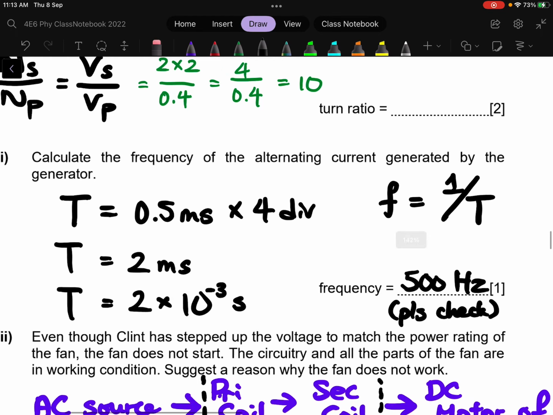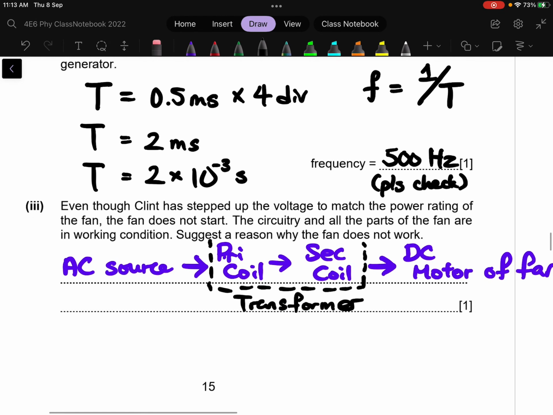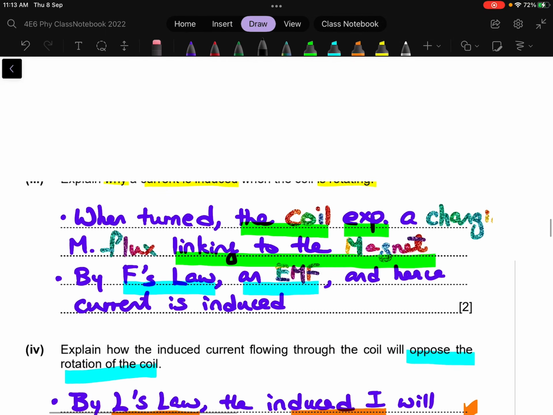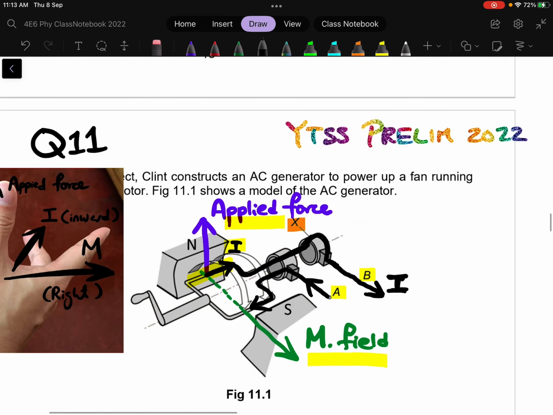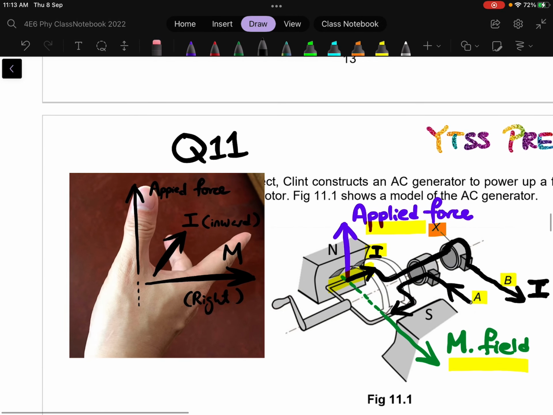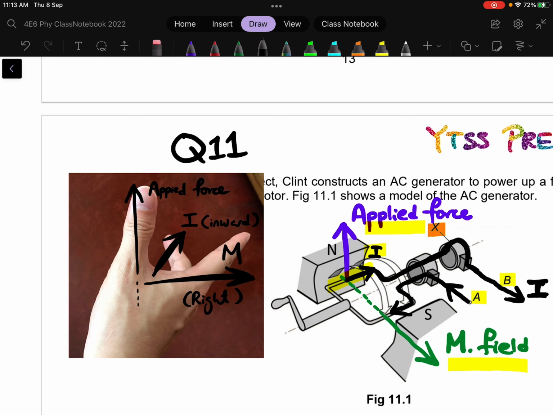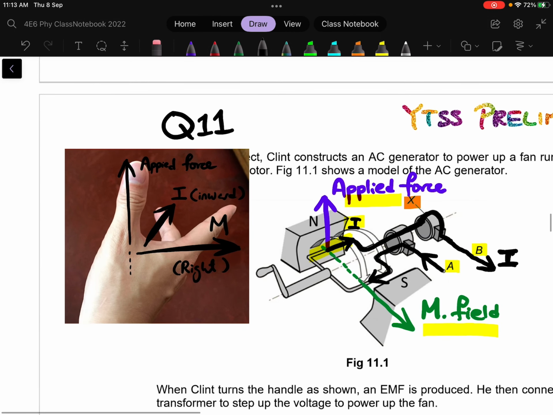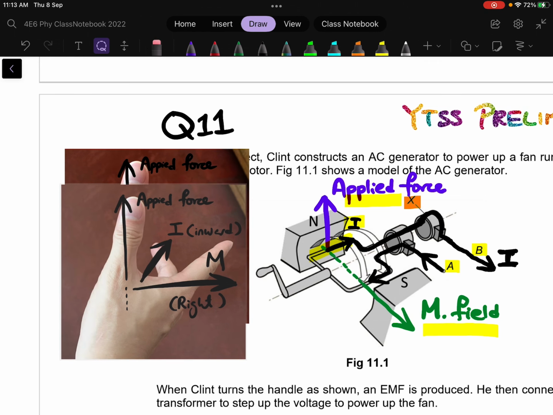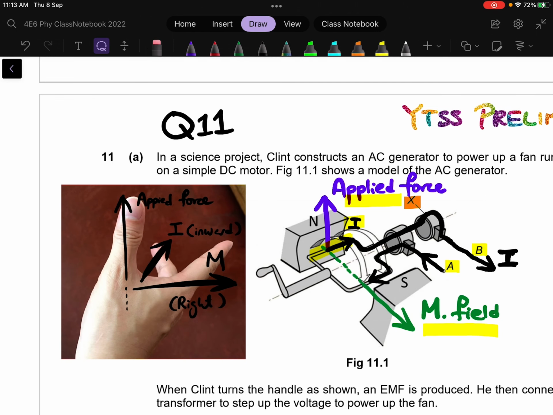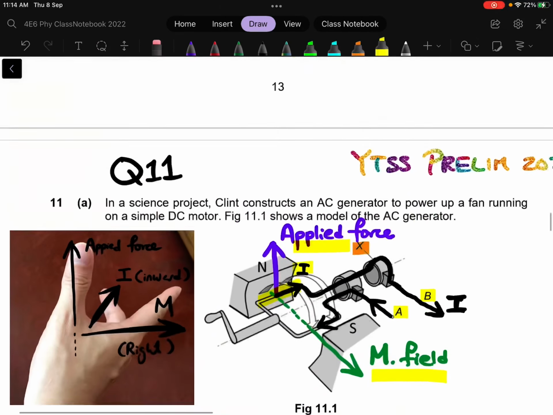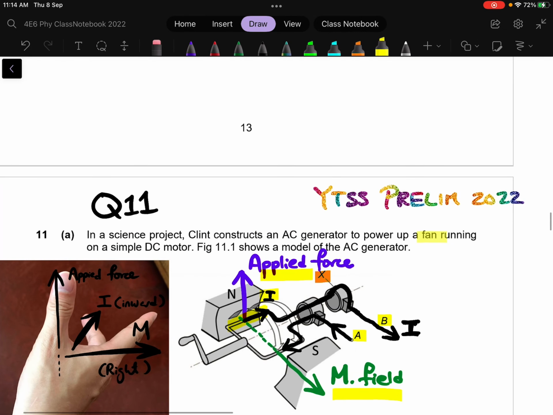Okay, then for the last question, I'm asking why isn't the fan working? And especially in your section B, sometimes you will find the answer in the beginning. So down here, I'm not sure if I can still move this over here, because I think I cover one of the main things. Yeah, so you can see here the fan.